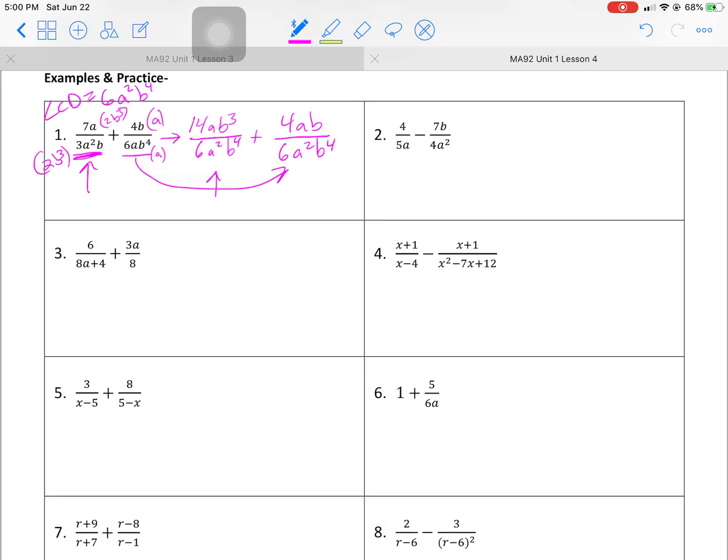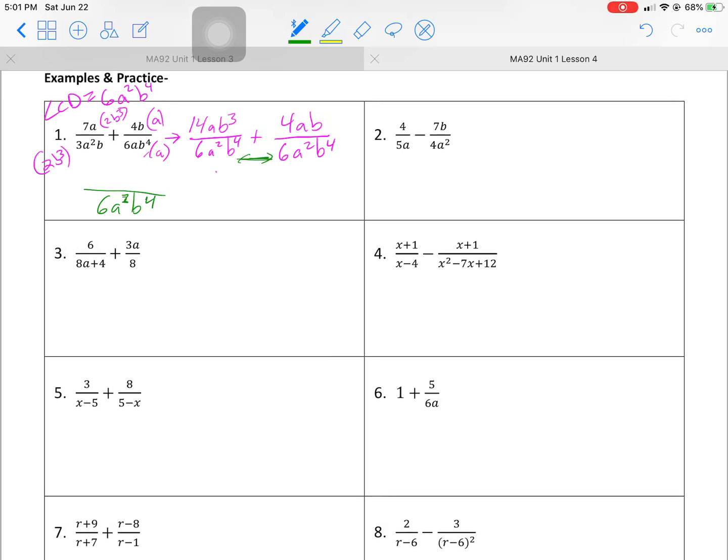That's done. Let me make some room here. Now we're going to see how this is the same thing here. So let's write that once. I'm going to do it way over here, so I've got a little space.